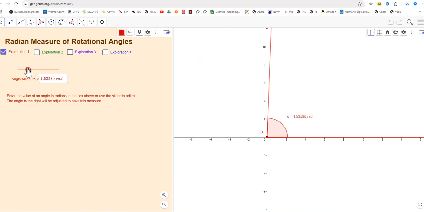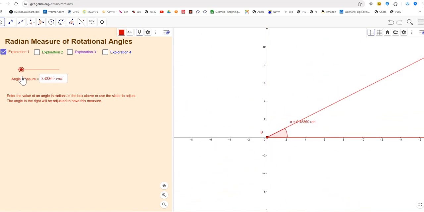This is showing you rotations here. So again, think of it starting. Notice that the initial ray is right here on the x-axis, the positive part of the x-axis, vertex at the origin. And as we take this going from 0 and spinning in the positive direction, we get this.